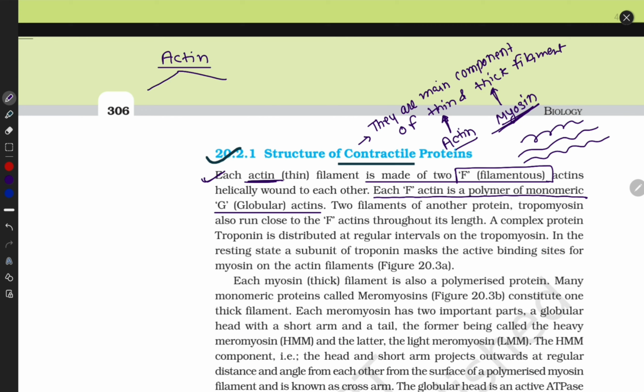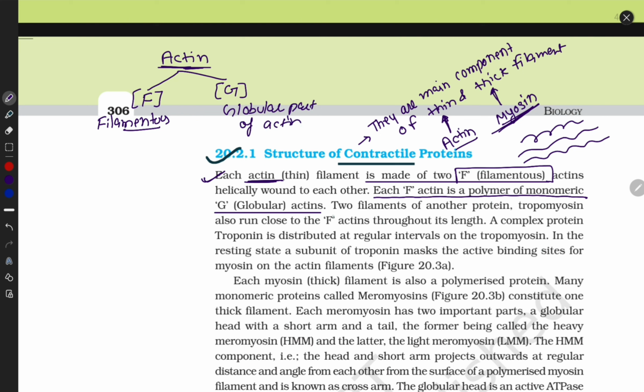The first is the F component, which we can call the filamentous part of actin, and the G component, which we can call the globular part of actin.